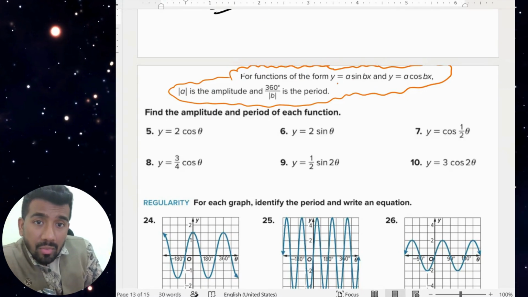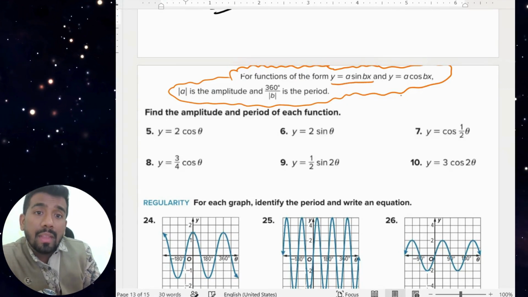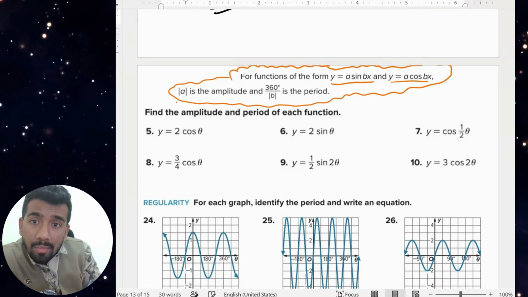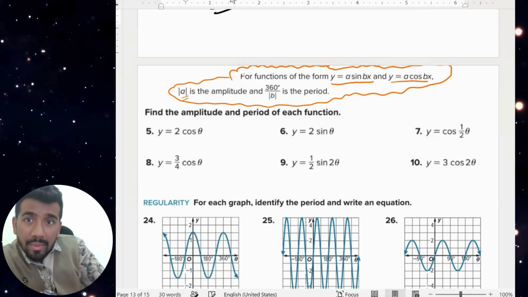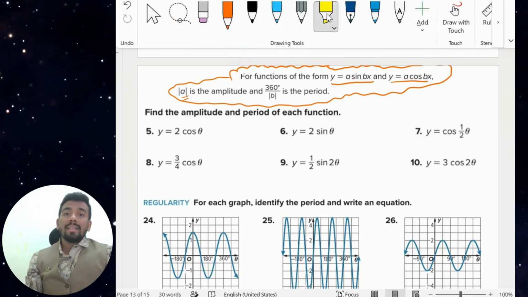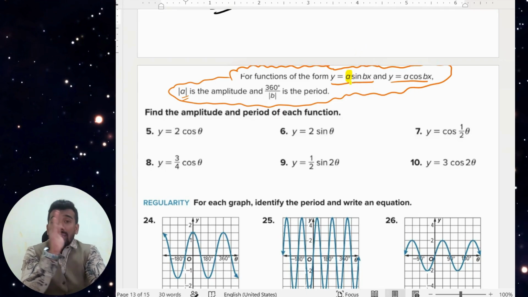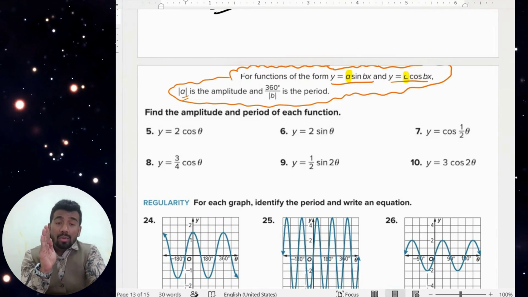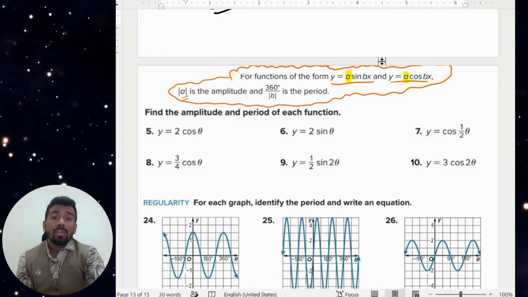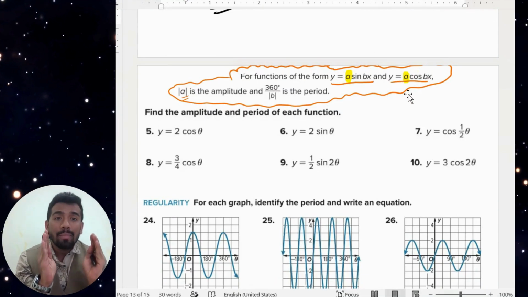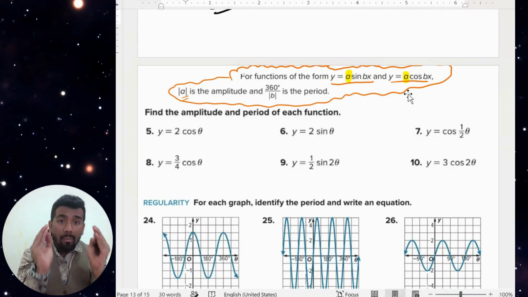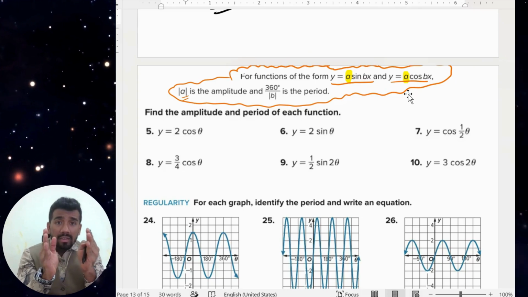So if the function is sine, if the function is cosine, what's the amplitude? The a, the first part. The number before the sine, the number before the cosine will show you the amplitude. But if there is no number, we take it as 1.